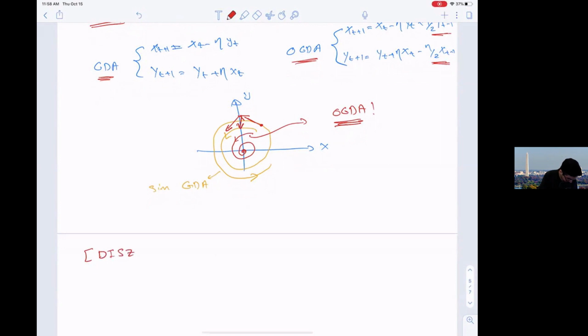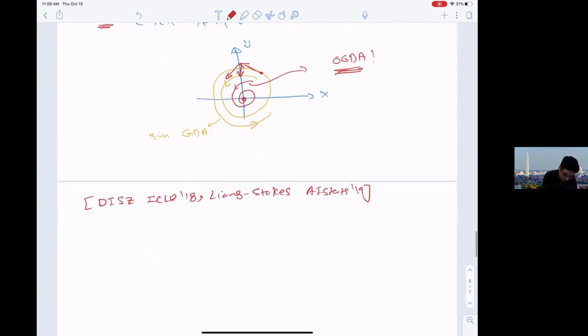You can look at the references here. Maybe I'm missing some other references, but these are roughly speaking at the same time, proving the same thing.